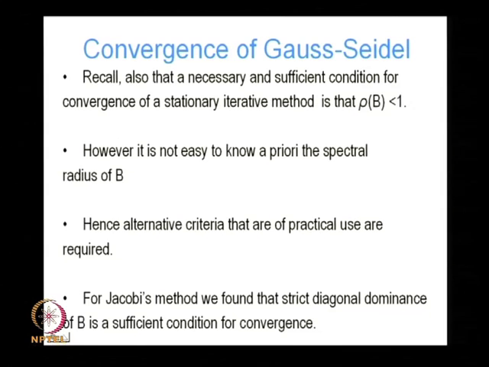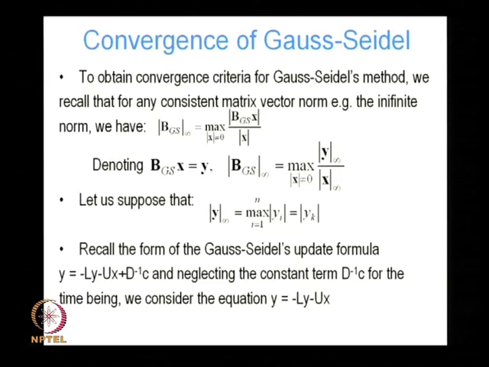It is a sufficient condition, but not a necessary condition. So, we would like to find something similar for Gauss-Seidel's method, a convergence criterion which is relatively easy to use and which does not require finding the largest eigenvalue of B.